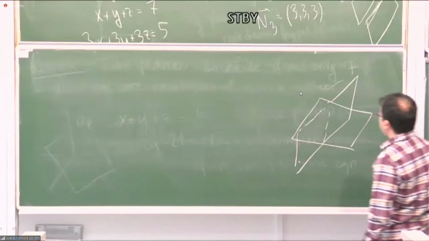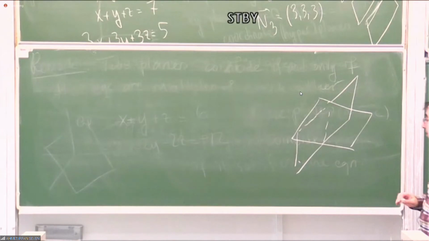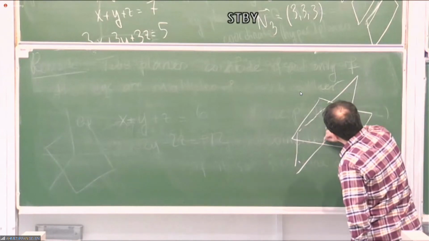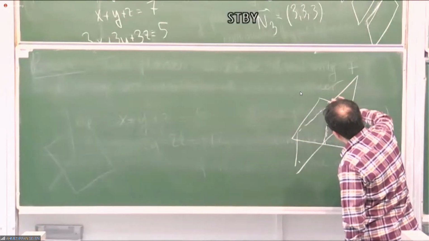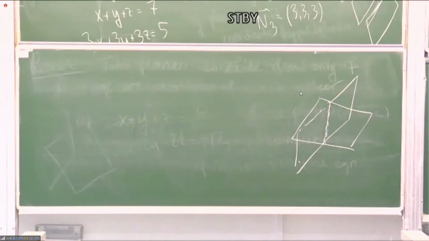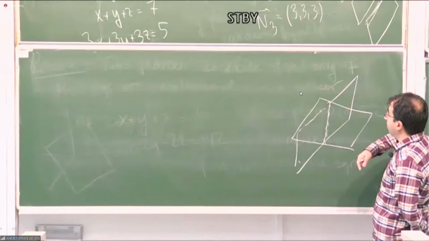This will be another plane. They will intersect. And last time we had an example to see how we find the intersection line. So when two planes intersect and they are not coincident, they intersect along a line. And remember, we know how to write the equation of this line, as we saw on an example.